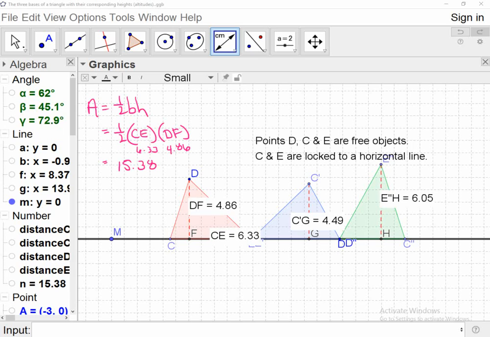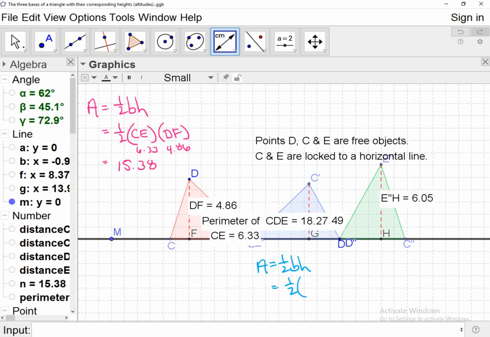Okay, now if I do the same thing for the blue one, the area of the blue one is going to be, again, 1/2 B times H. So 1/2, in this case, B is going to be this distance right here, right? That's my base.